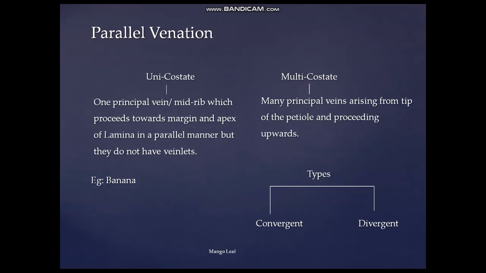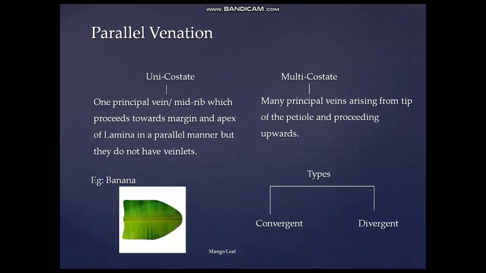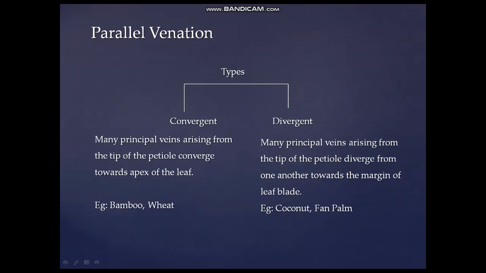Similarly, in multicostate, many principal veins arise from the tip of the petiole and proceed upwards. Again, they are of two types, convergent and divergent, but before that look at the diagram of this banana leaf. You will see the single midrib arising from base to the tip, and it shows parallel venation.